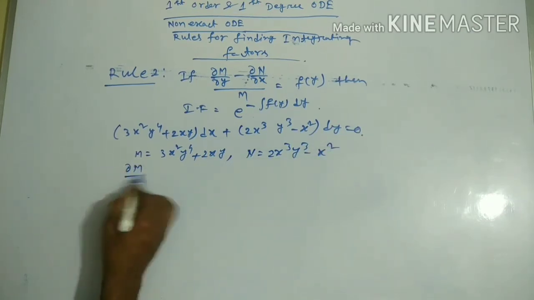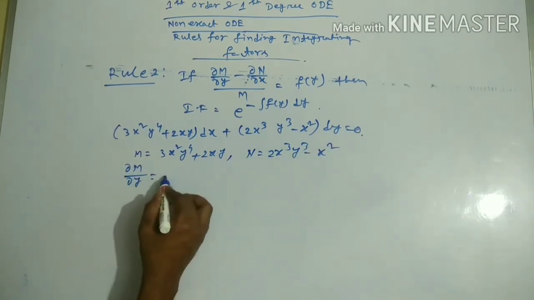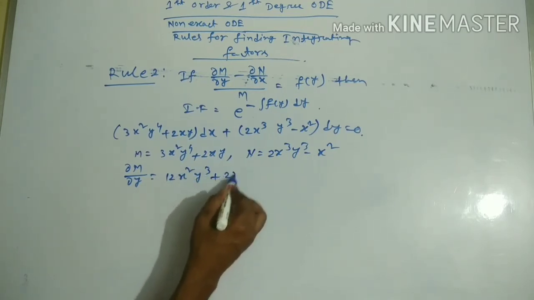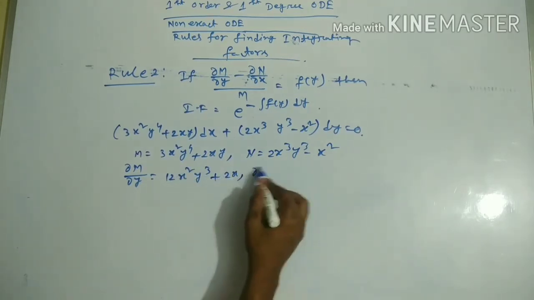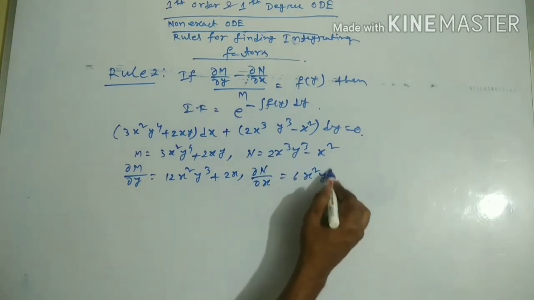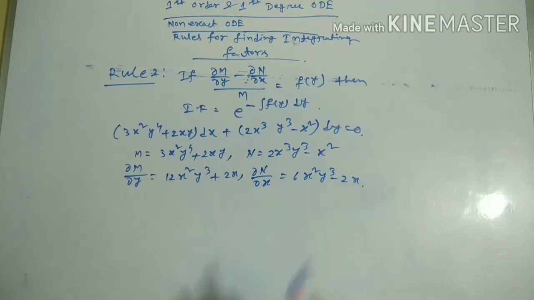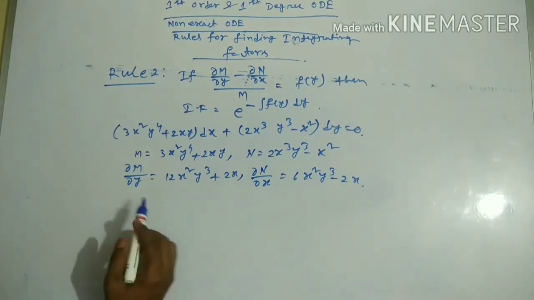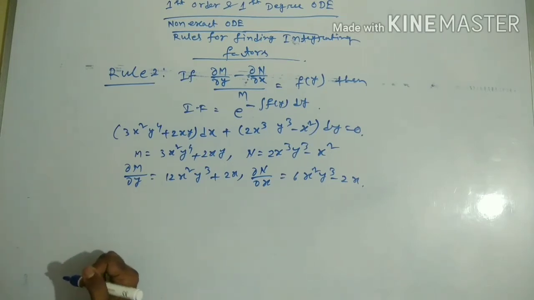So del M del y will be 12x square y cube plus 2x, and del N del x will be 6x square y cube minus 2x. Now we can see that these two are not equal, so this equation is non-exact.